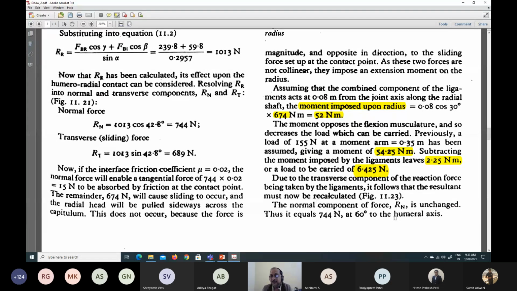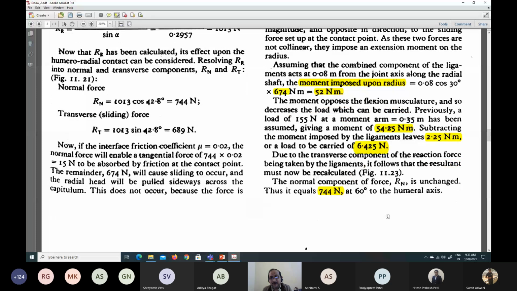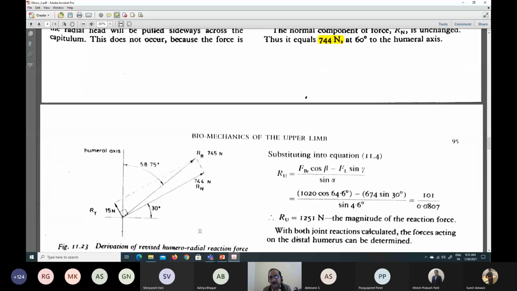Now the normal component Rn remains unchanged, equal to 744 Newton and acting at 60 degrees to the humeral axis. We revisit the force vector diagram, and you can see that 744 is the normal component. 15 Newton is the frictional force component, so we keep that.